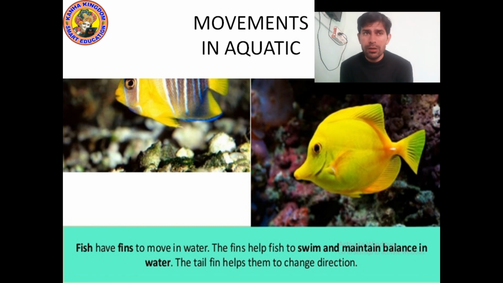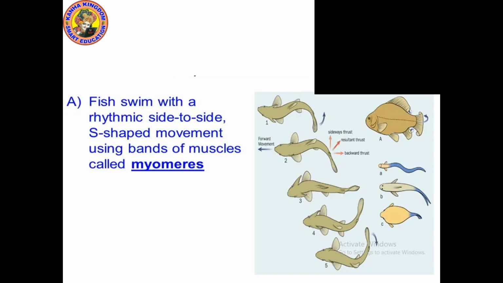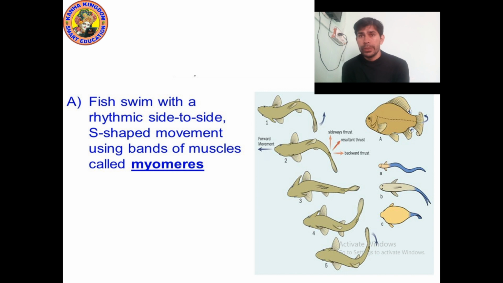Okay, now let's study one more point related to the locomotion of fish. Okay, so as you can see, the movement, locomotion of fish. Can you see the picture of fish? How is the shape of fish? You can see the fish shape is like a capital letter S. Can you see the shape in S? S for snake, S for swim. Yes.